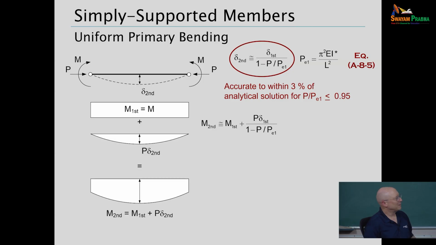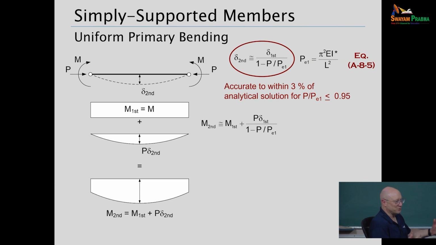So now, fairly basic manipulations here. We need the second order moment. Well, it's the first order moment plus P times the second order deflection. Well, we've got a problem in general for geometric nonlinear analysis. The deflection depends on the P delta effects, and the P delta effects depend on the deflection, right?